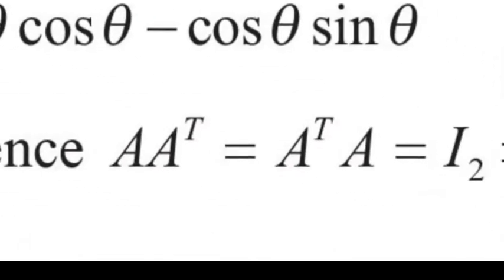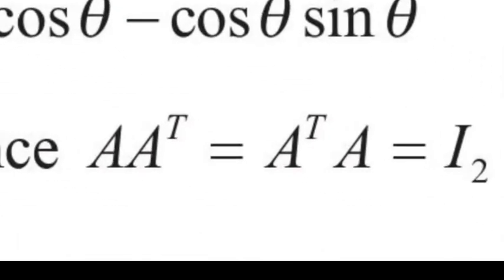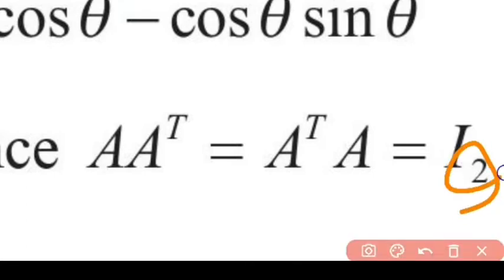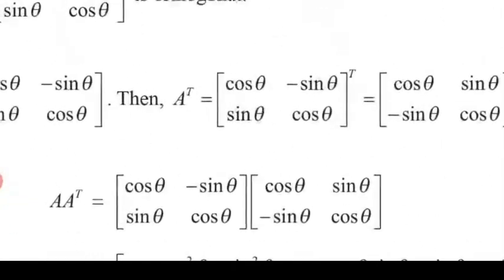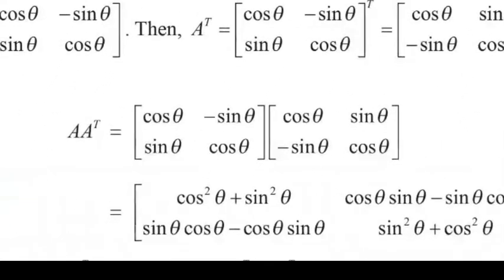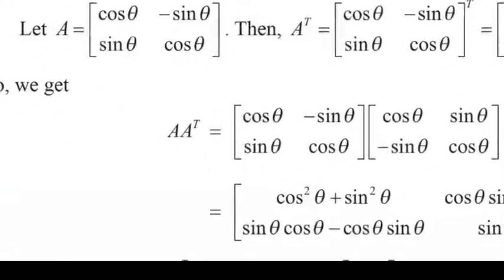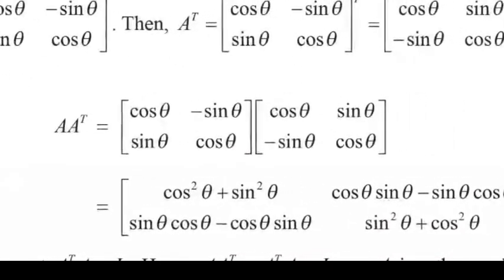A into A transpose, and A transpose into A, we get the unit matrix of order 2. If it satisfies the conditions, then we say that A is orthogonal. So first you multiply A matrix into A transpose.